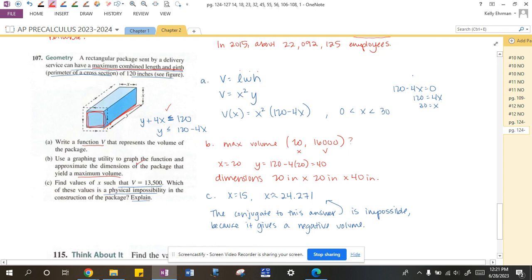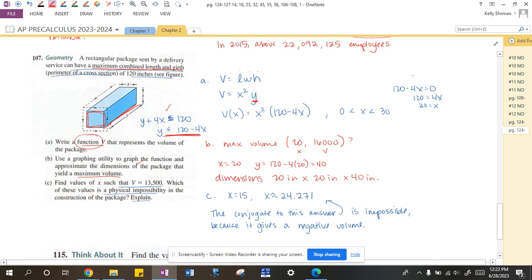And we don't want to have a function. It says write a function. That means you can't have two variables. So we want to replace y with an expression in terms of x, and that's where this little thing comes through. If I solve this for y, it's an inequality, but I'm just going to toss it in, 120 minus 4x. And it's a good idea to get in the habit, not usually required for our AP exam, but good idea to get in the habit of writing domains.